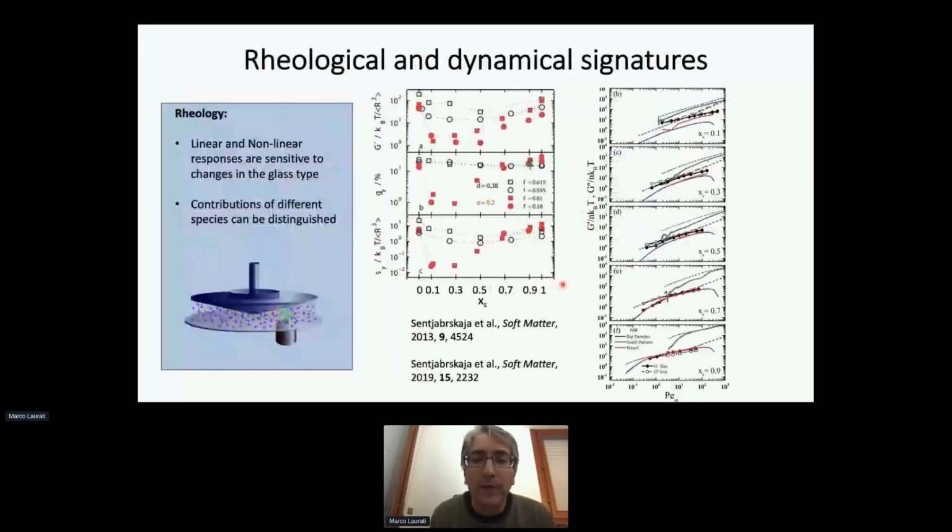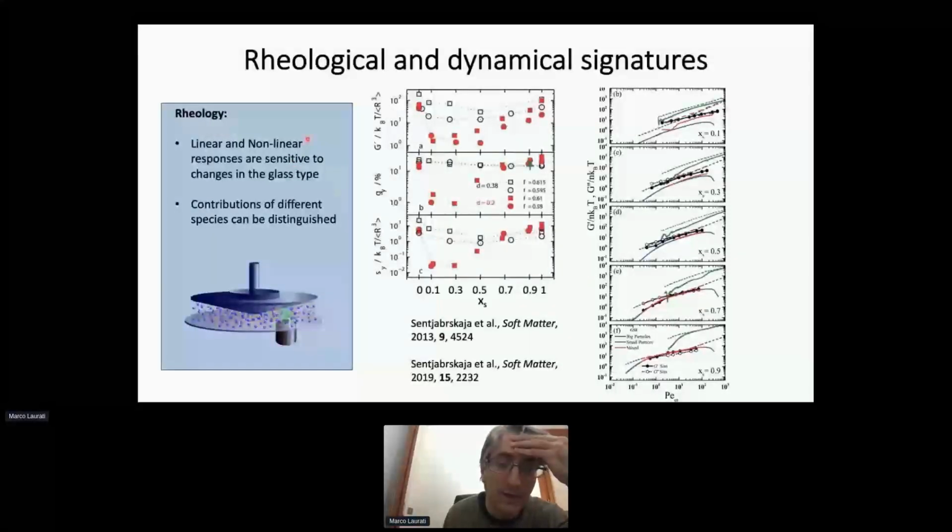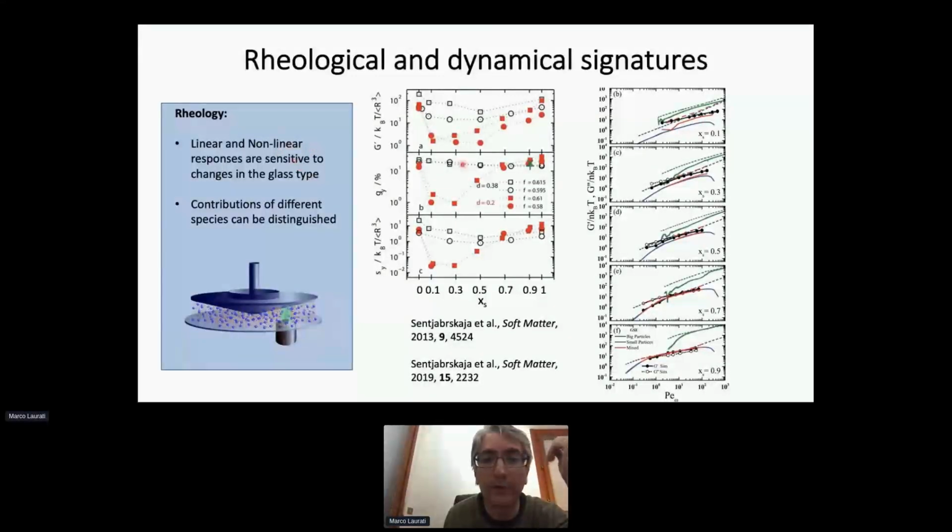So finally, to mention another important technique, we should also consider rheology, which is a more macroscopic technique. So it's not microscopic like the techniques that we just saw, but it's a technique which is very sensitive, again, to reveal, for example, transitions in the glass states that we observe.